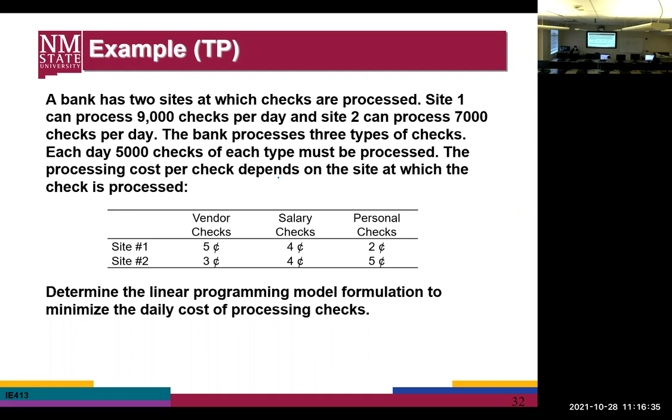The bank processes three types of checks. Each day, 5,000 checks of each type must be processed. The processing cost per check depends on the site at which the check is processed. You are required to determine the linear programming model to minimize the daily cost of processing checks.